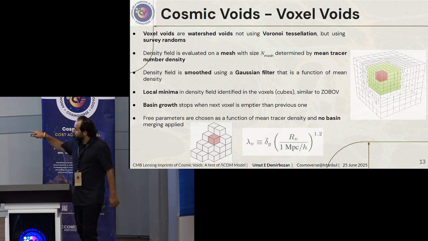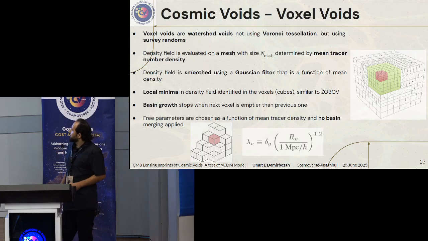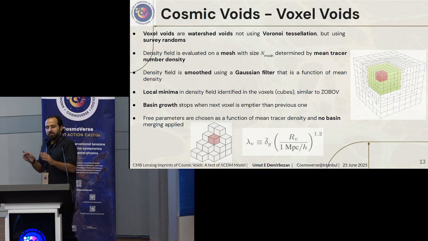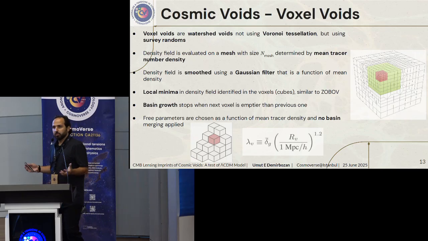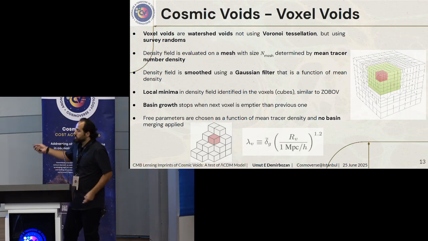Then we identify local minima. After identifying local minima, just as in the ZOBOV algorithm, we use the watershed method. In this way, we have some strange-shaped three-dimensional regions of adjacent cubes together; these are low-density basins. So in the voxel way or the ZOBOV way, you find many more voids because you do not do any basin merging, as opposed to some previous studies.